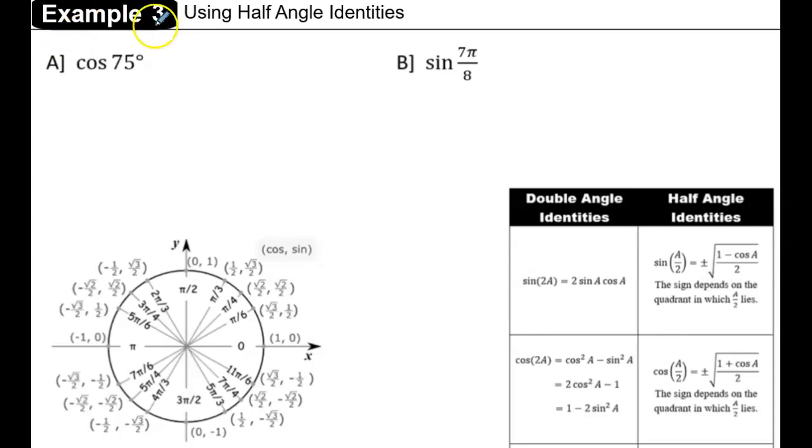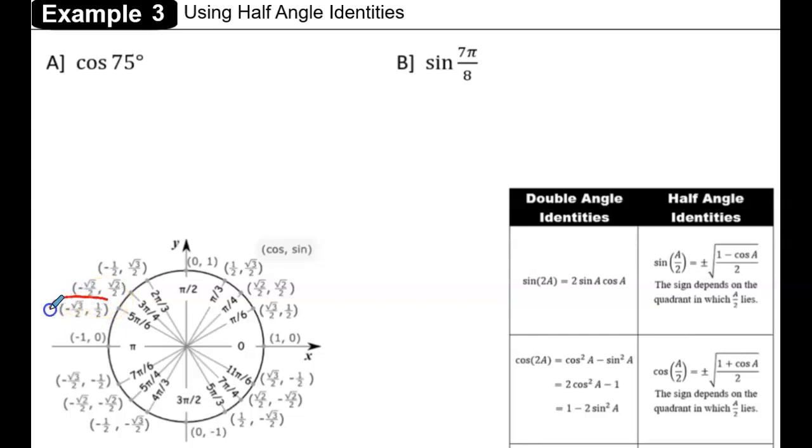Hey, welcome back. We're in example 3 using half-angle identities to evaluate trig expressions, and I want to find the exact value of the cosine of 75 degrees. 75 degrees is not a special angle on the unit circle, but if I double 75, I get 150, and 150 degrees is equivalent to 5 pi over 6.